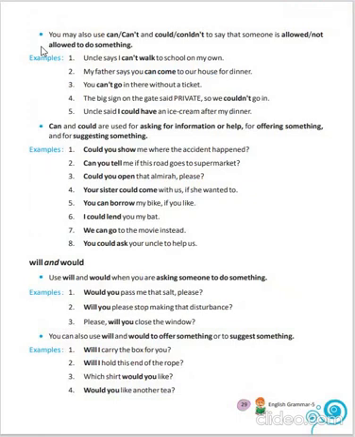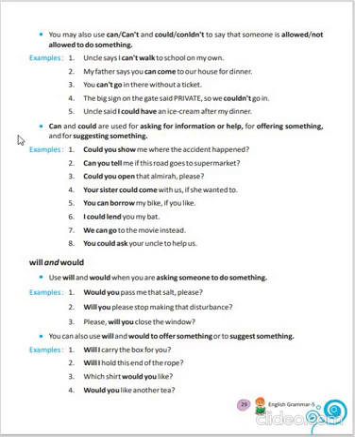We can also use can, can't, and could, couldn't to say that someone is allowed or not allowed to do something, like Uncle says, I can't walk to school on my own. My mother says, you can come to our house for dinner. These sentences are talking about someone being allowed or not allowed to do something.